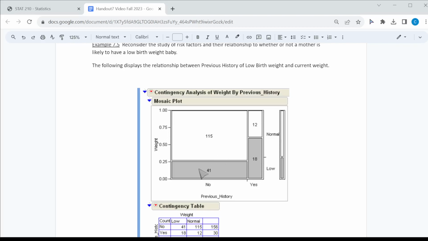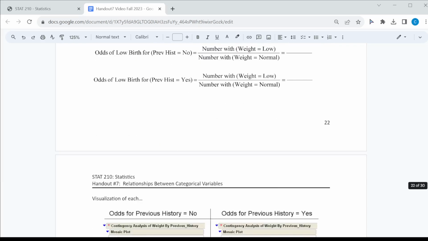So if I wanted to know the odds of a low birth, I got 41 low birth and I got 115 normal births. If somebody were to ask what are the odds of low birth for those with no previous history, how we would write that would be 41:115. Let's go down to the next page and look at that.